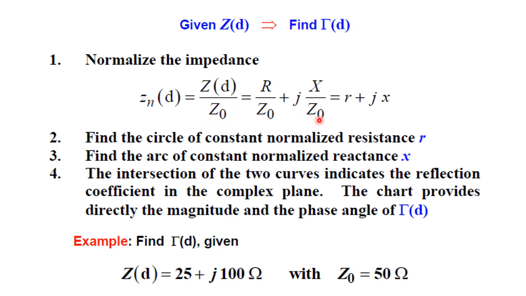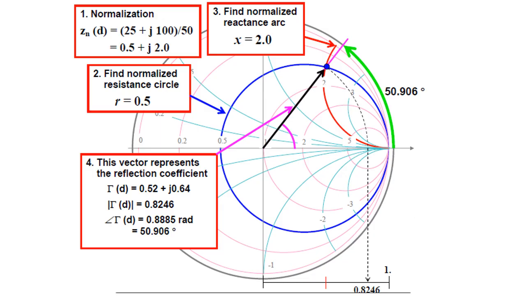Then we have to plot the impedance as we have discussed in the earlier class, and by the intersection of these two curves, we can find the value of the reflection coefficient. From the chart, we find that point, and from that point we are able to measure the magnitude and the phase angle of the reflection coefficient. So let's see in the next slide.